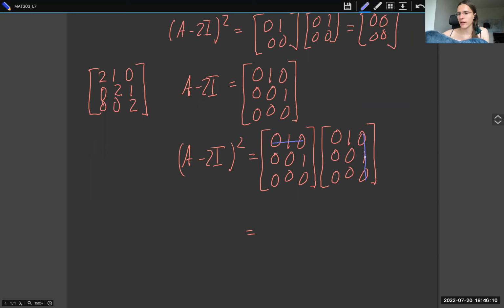So we get a 1, and that's in this entry. In the middle, you'd get 0, right? Because it's 0 times 1, 0 times 0, 1 times 1. So the only non-zero entry would be where? The top right corner.